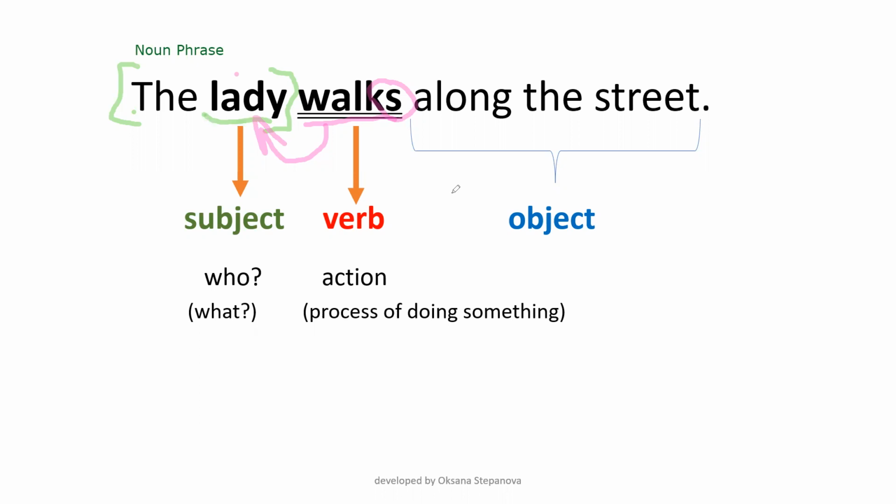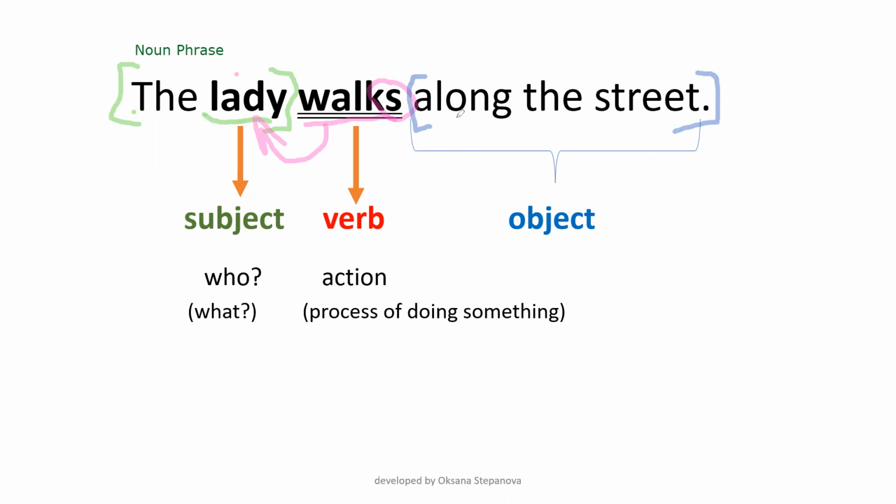Now let's find the object. So what do you think? Where does the object start? Let me change the color here. So yes, that's right. The object starts with along and ends after the street. So along the street is the whole object.